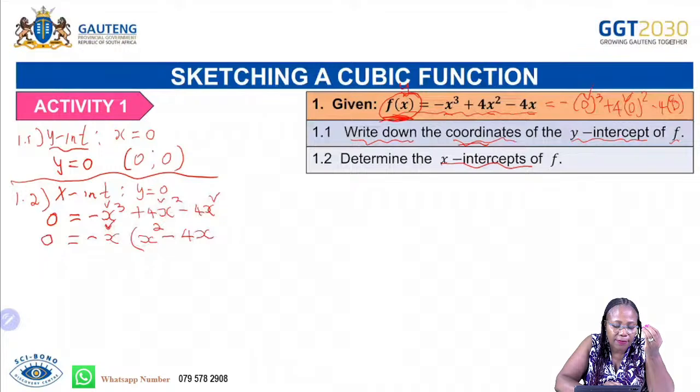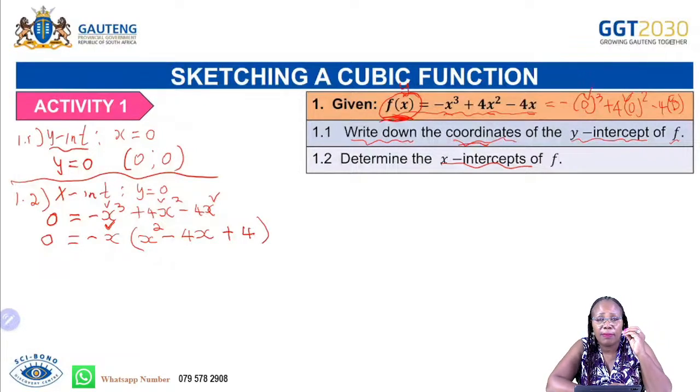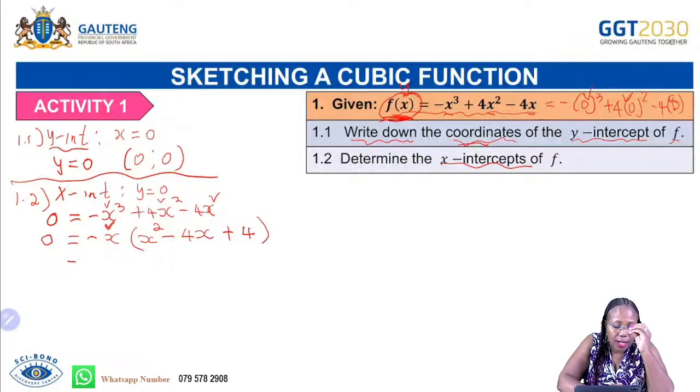Minus 4x divided by minus x will be a positive 4. Can you see, grade 12? We have now created a trinomial which is quadratic. And then here we can say this x is equal to 0, because negative x equal to 0 divided by negative, we still have x equal to 0. So that we can deal with the factors of this one now.